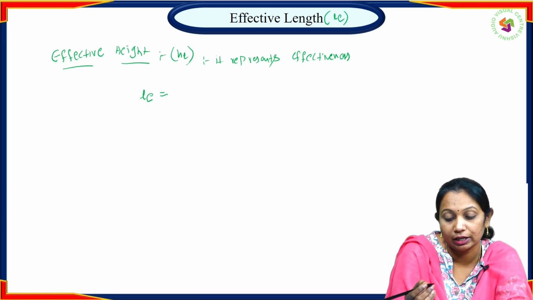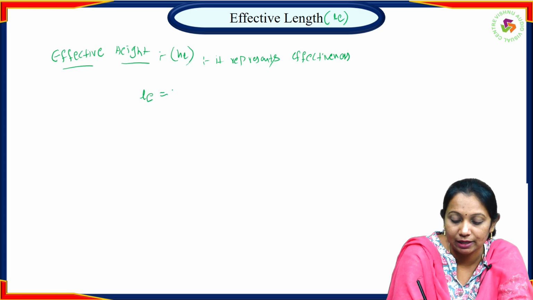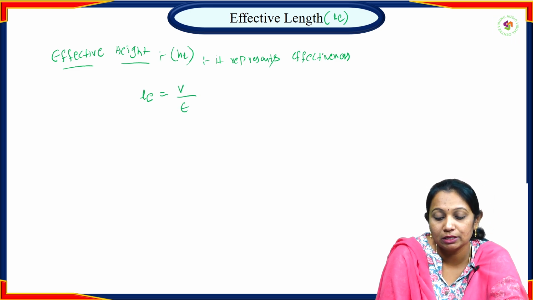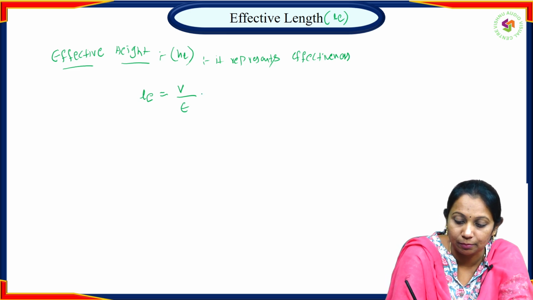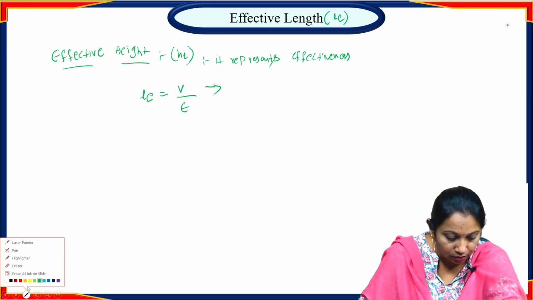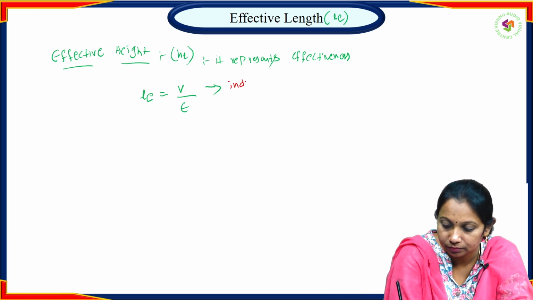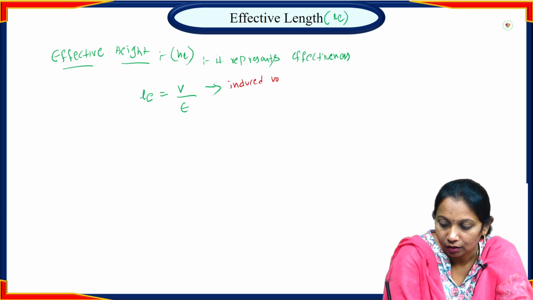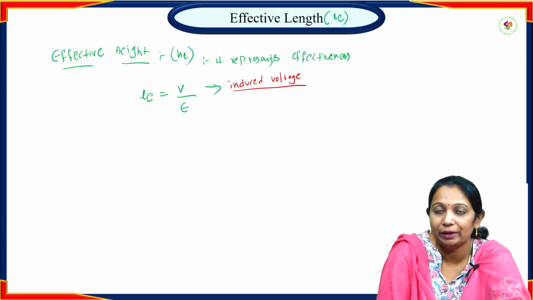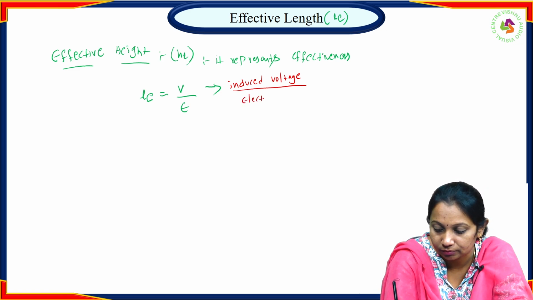Earlier we wrote the effective area as a ratio of W by P, but it will be written as V by E, where V is the induced voltage at the open terminals and E is the electric field strength.